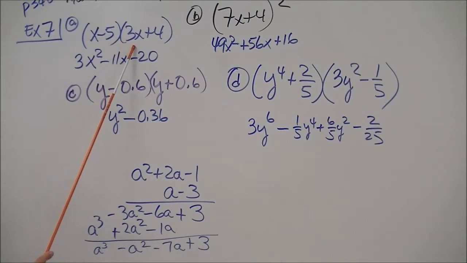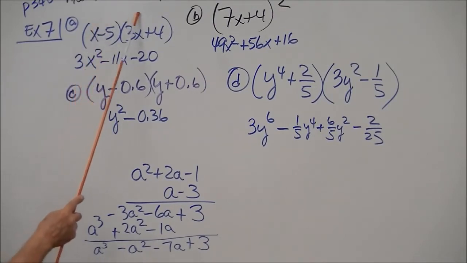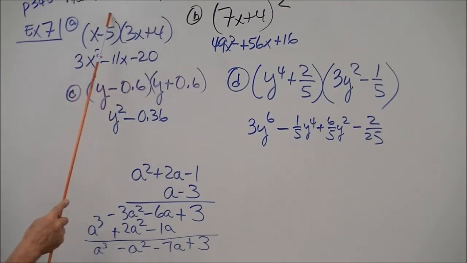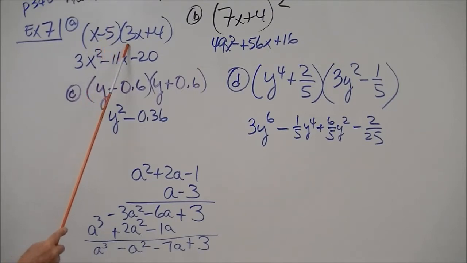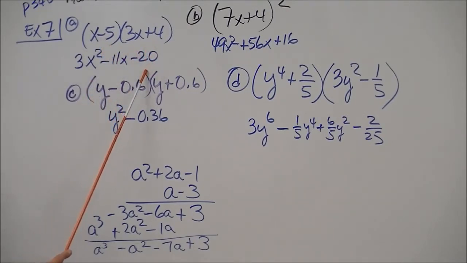Here, this would be the traditional FOIL. First, 3x squared. Now, my outers is a positive 4x. Inners, a negative 15x. Add them up mentally. And then your last gives you this.